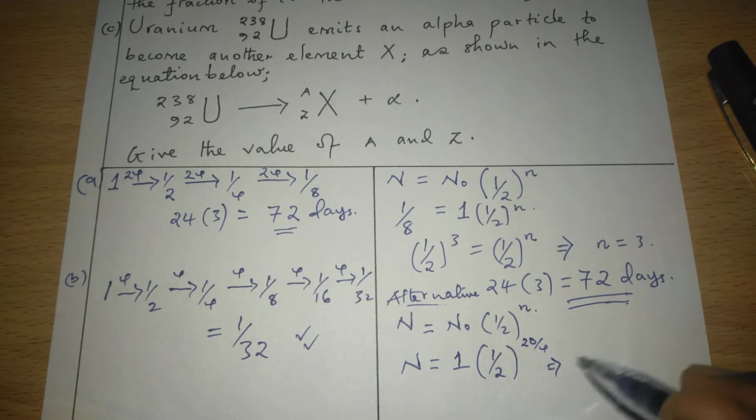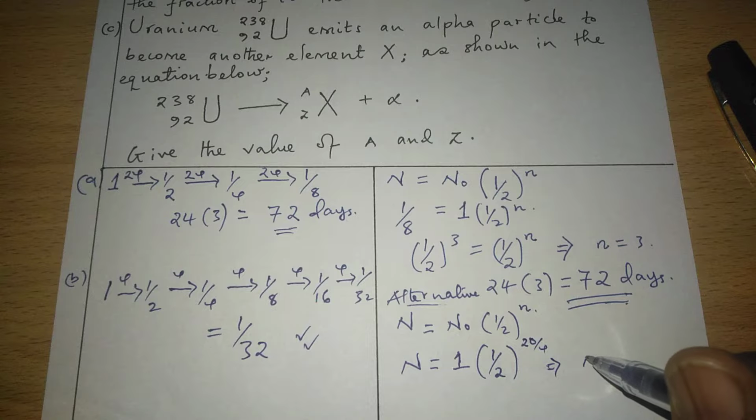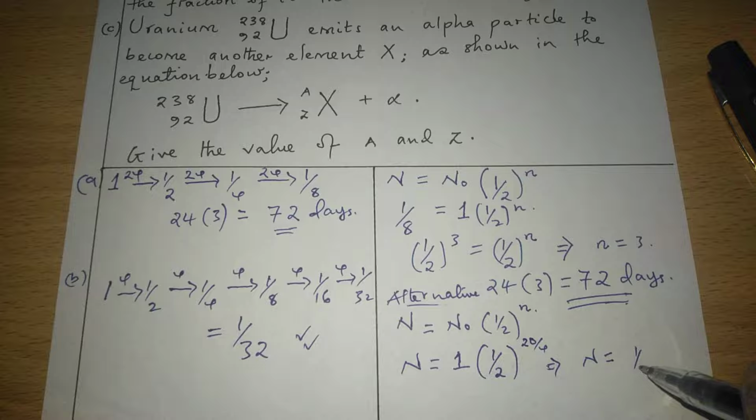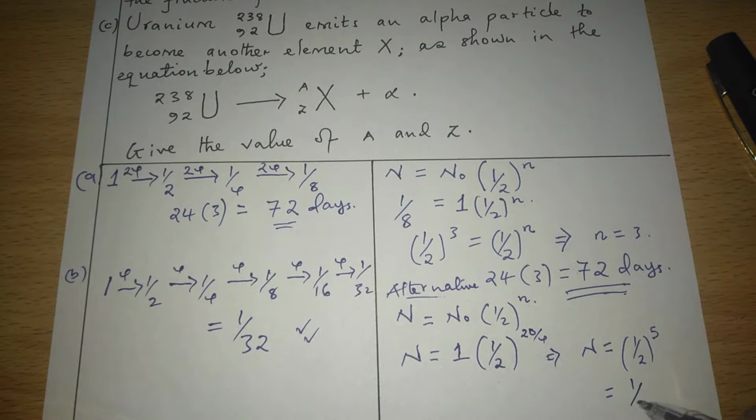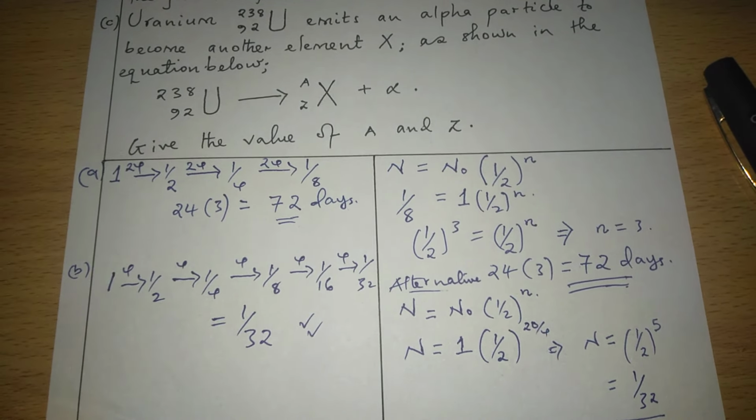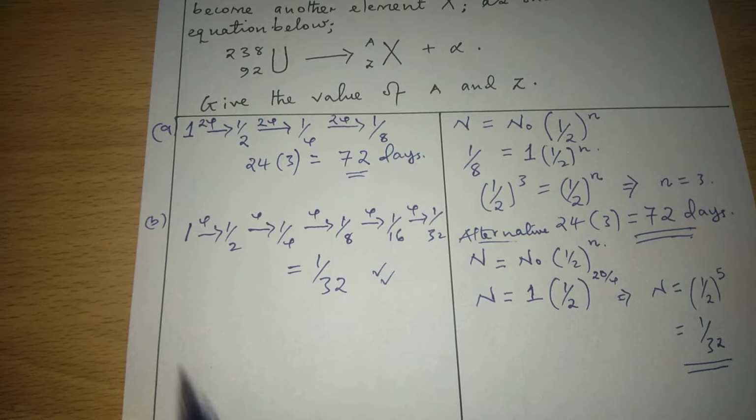Therefore, here we will say that the fraction is 1 out of 2 raised to 5, and this gives us 1 out of 32. Therefore, the remaining fraction is 1 over 32 after 20 seconds, which is equal to 5 half-lives.